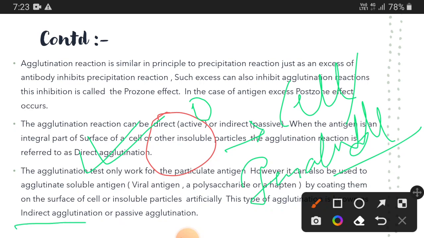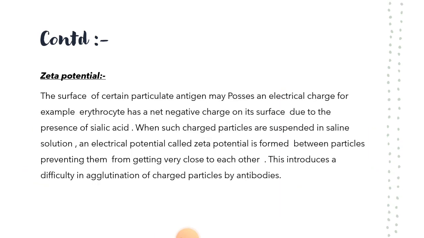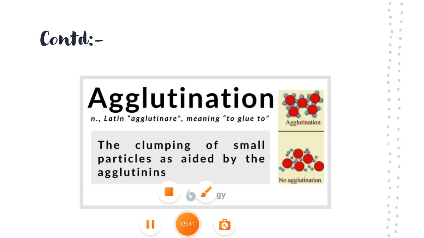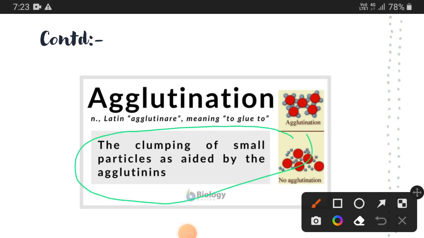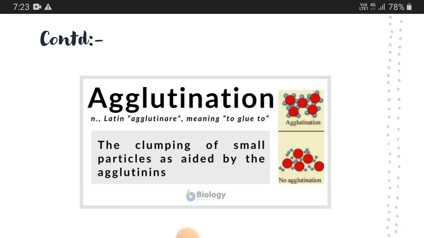So this kind of agglutination is known as indirect or passive agglutination. As in that picture you can see the clumping of small particles aided by the agglutinin is called agglutination. Here antibodies are known as agglutinin because they are agglutinating antigens.